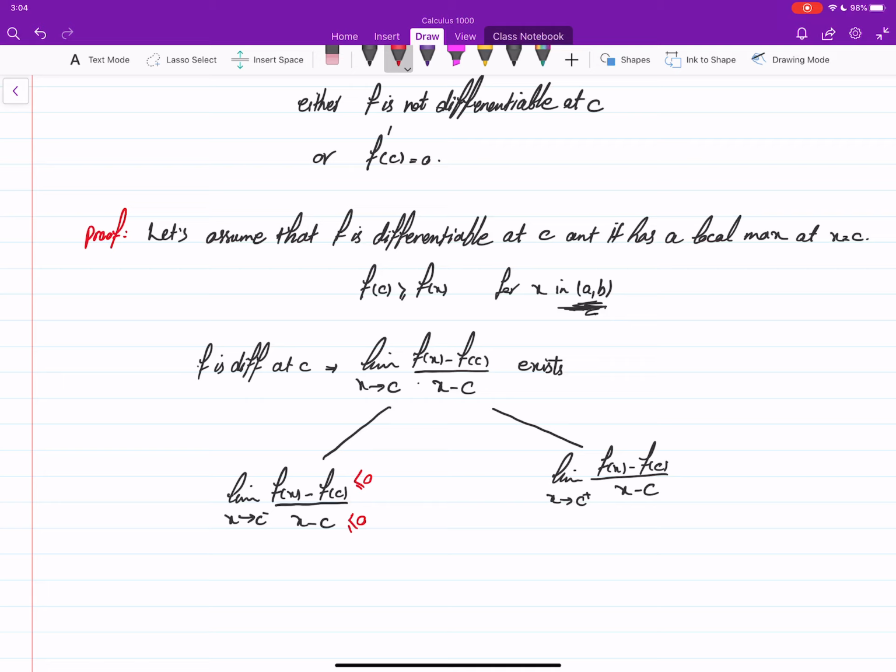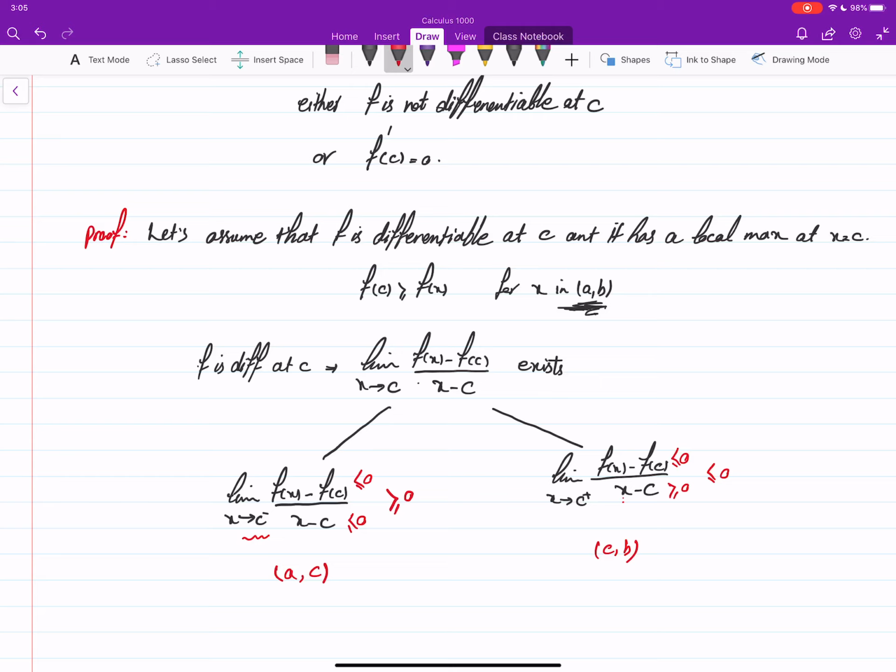So when you multiply these, we are finding the limit of a function which is positive on any left side of c.